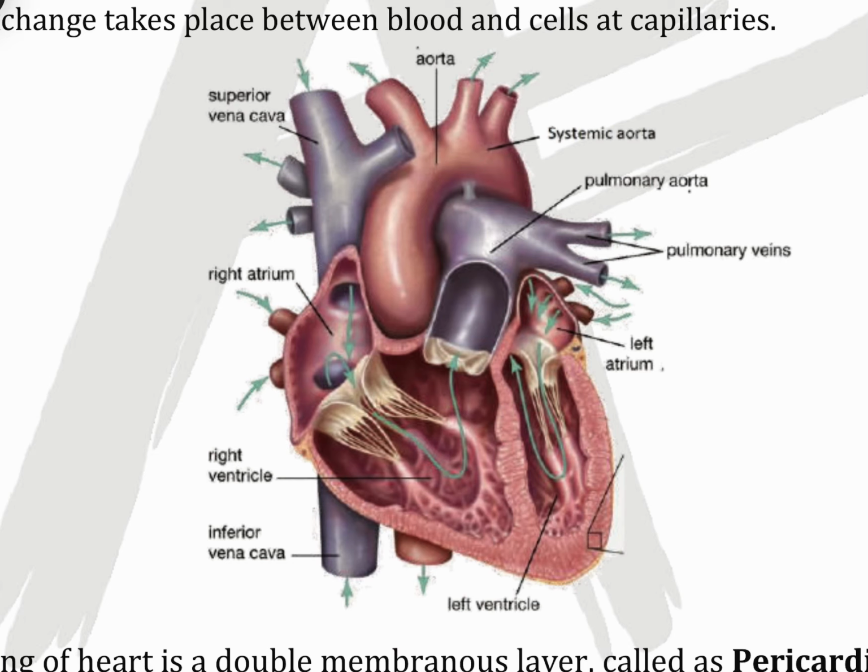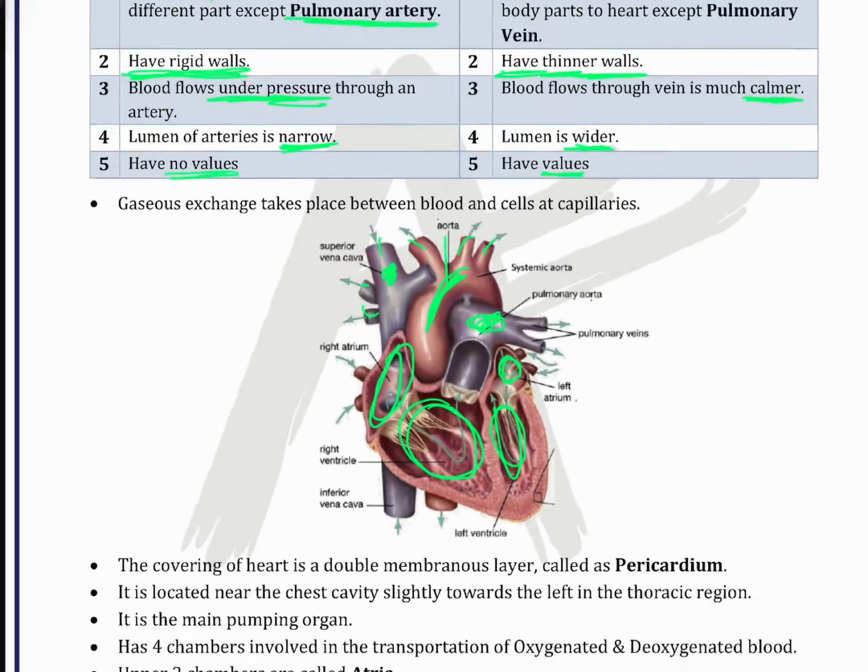This is the aorta, this is the superior vena cava, these are some outgrowths, smaller veins, the pulmonary vein. And these are the 4 chambers of the heart: 1, 2, 3 and 4. This you have to learn.